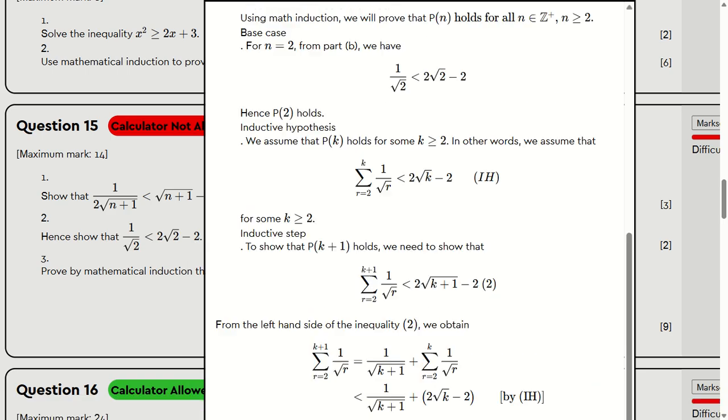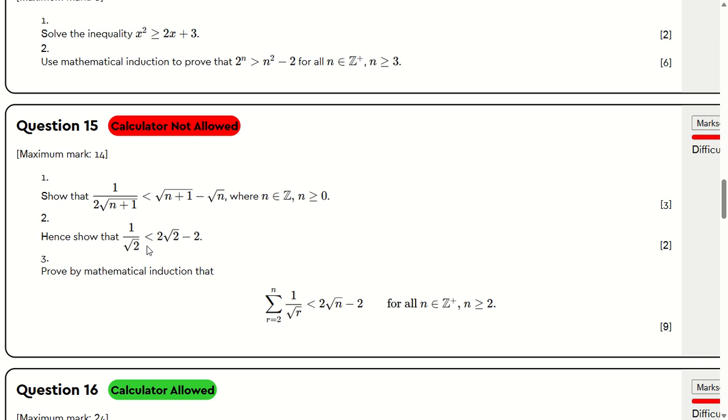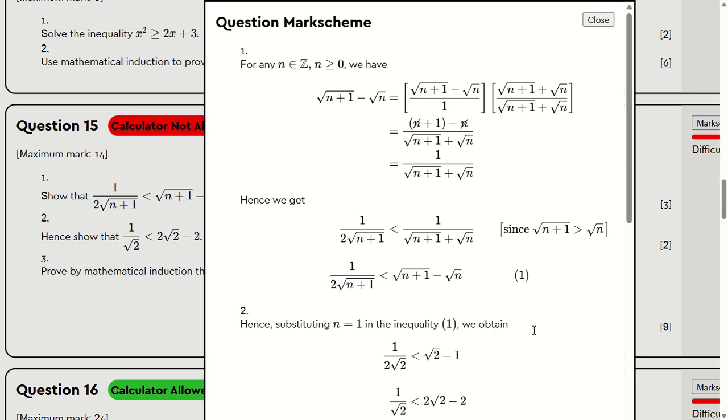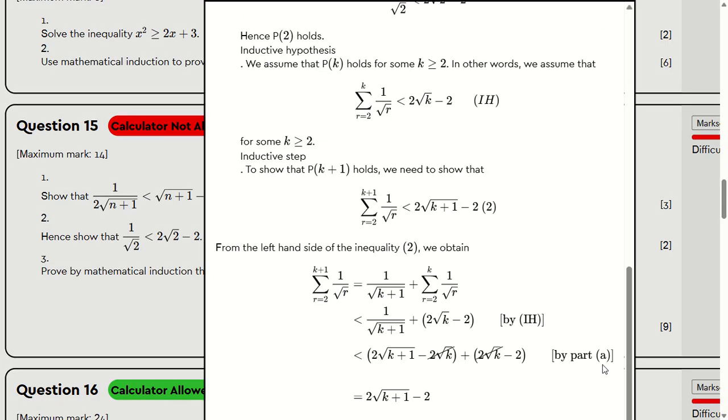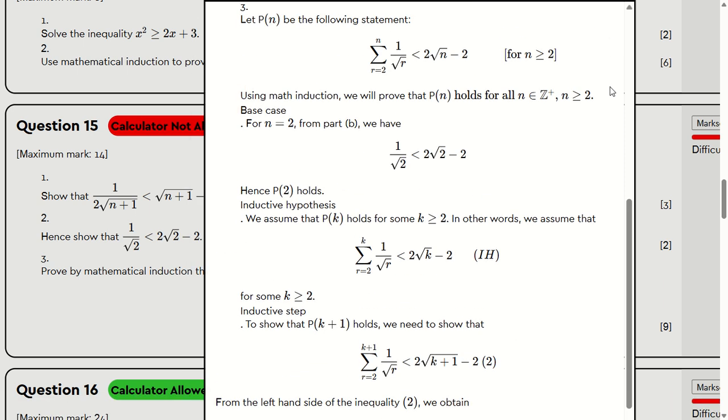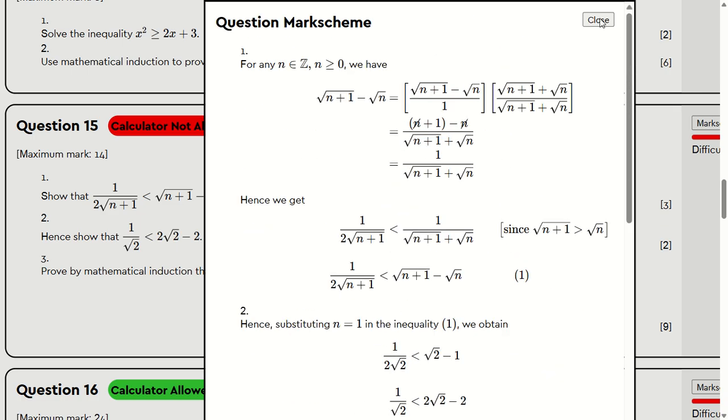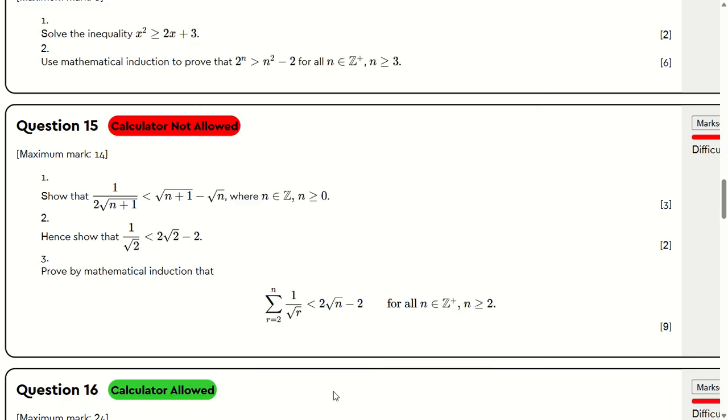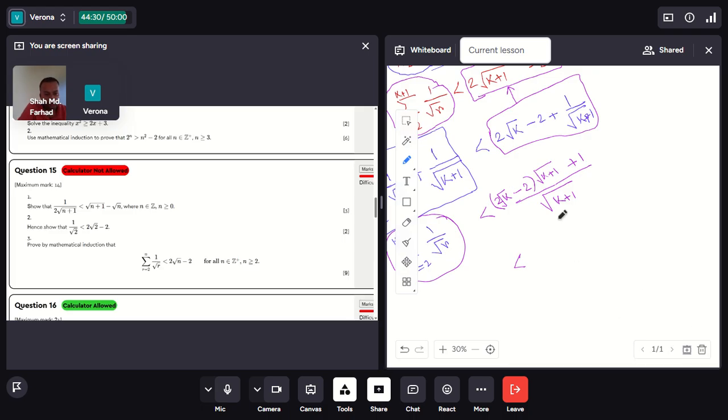Basically, they used the calculation of this term from part 1. Let me just show you the calculations, so it will be easy for you to understand.